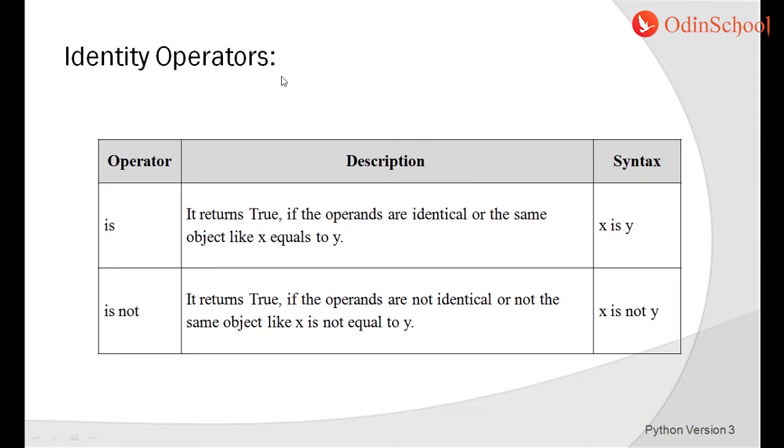Identity operators, it shows like x equals to y or x is y, means if the x value and y value are both the same, we can check them with x is y or x is not y. By using these two conditions, we can easily check whether the values of both the variables are the same or not.